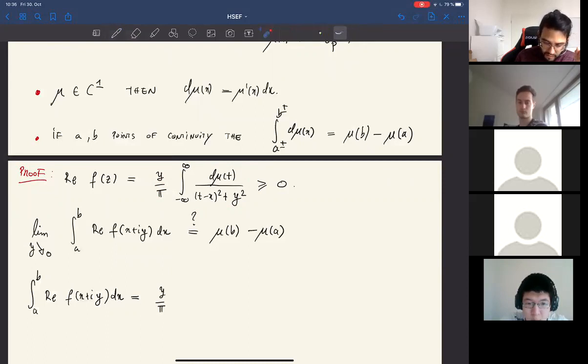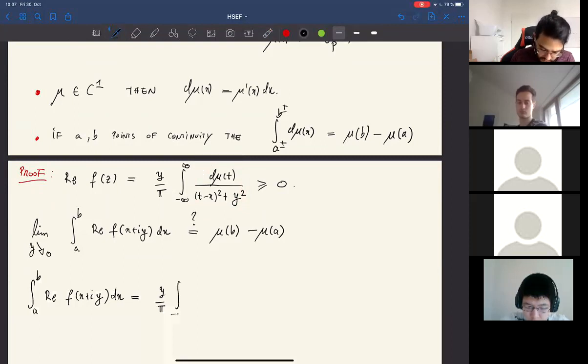We have an integral from a to b and from minus infinity to infinity. Then we switch them, and we can switch because everything inside is positive. So you can always switch integrals when everything inside is positive. And this thing is positive.